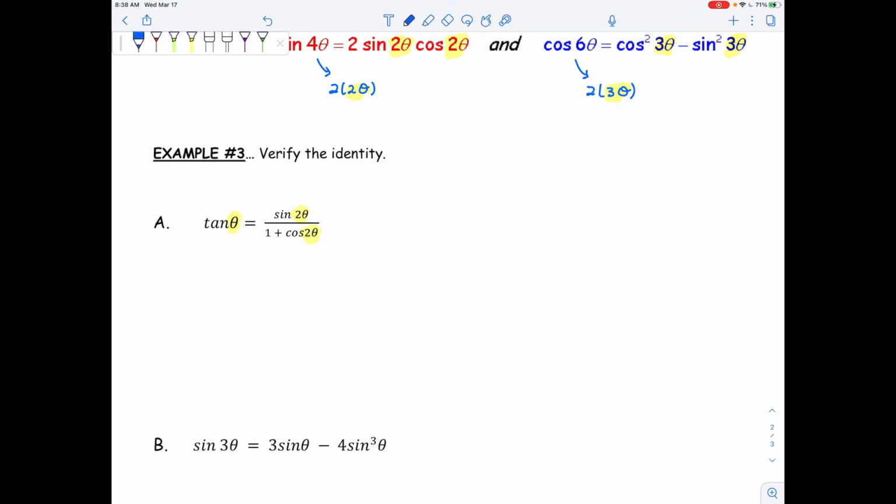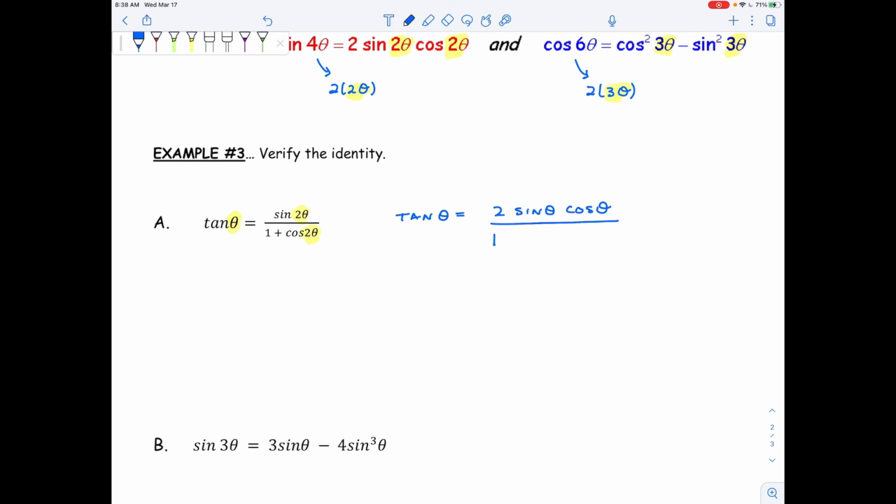So what I'm going to do here then is replace sine 2 theta with 2 sine theta cosine theta. And then I need to make a decision. We've got these different options in the denominator for replacing cosine 2 theta. And ultimately, to get tangent, we want sine divided by cosine. So I'm thinking maybe if I could cancel out a cosine, so maybe stick with the cosines. And we also need to get rid of this 1.